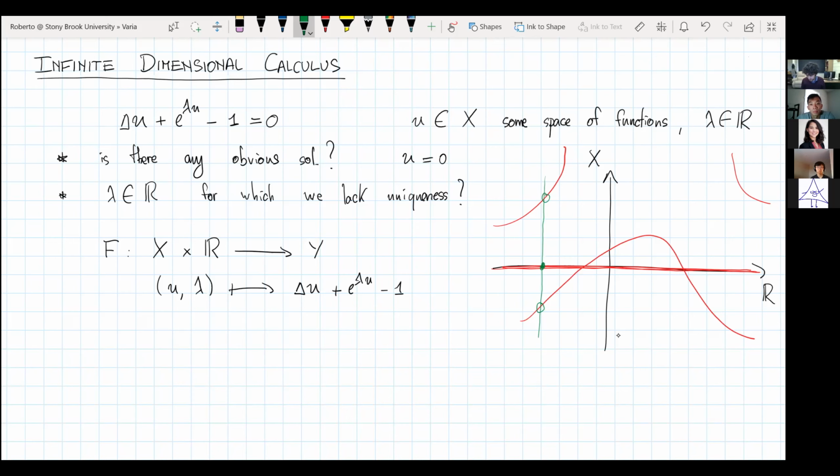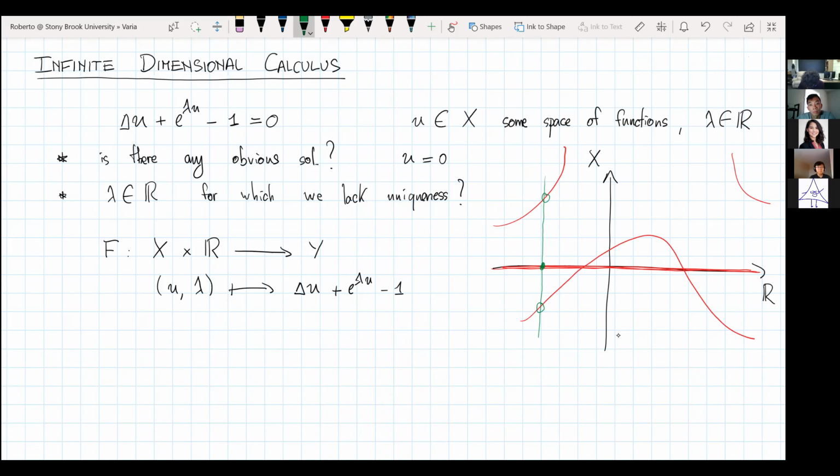Maybe finding branches that are far away from the trivial branch is hard, but maybe we can look at what's happening near our trivial branch and see if there is some criterion, looking at lambda, at our trivial branch and at F, to spot other solutions nearby.